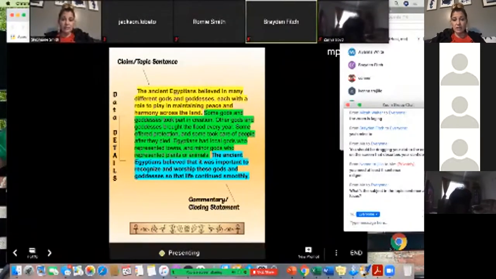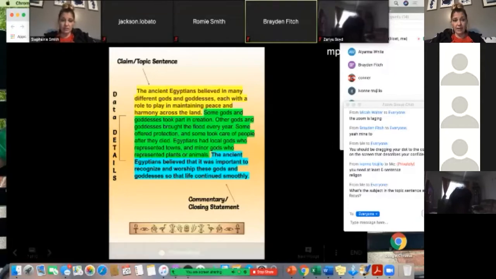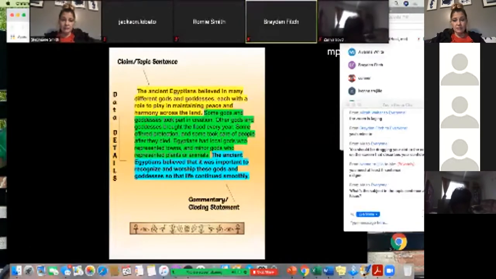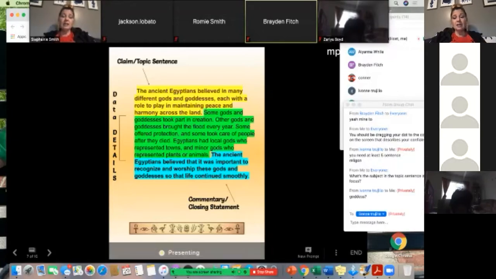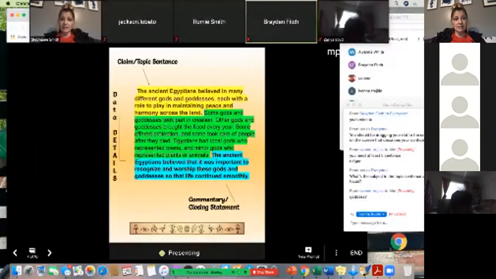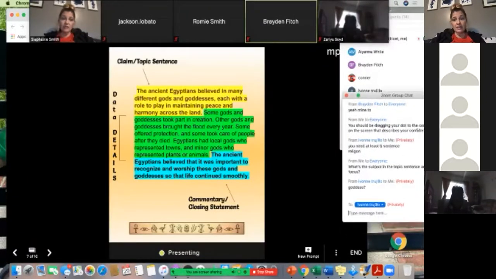The subject is ancient Egyptians. What's the main thing we're going to talk about in this paragraph about ancient Egyptians? Good. Gods and goddesses. The belief in different gods and goddesses. So that's our focus.